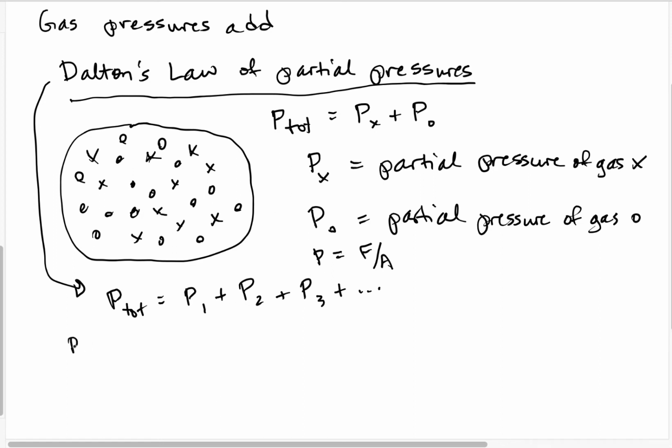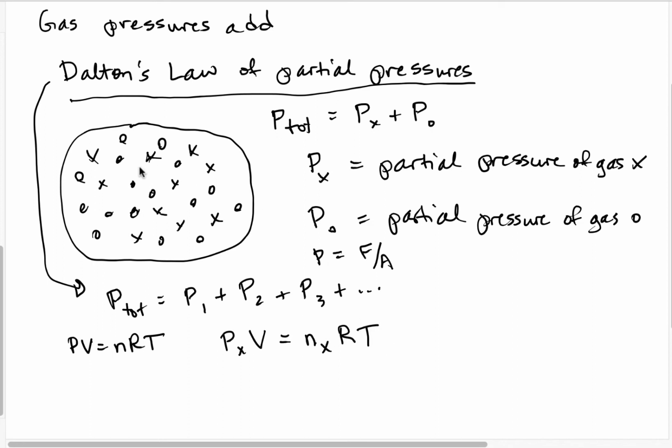So if we're talking about the ideal gas law, the other way to think about this is that the moles of each of our gas particles are going to add up together, right? If I have the partial pressure of gas X, that means that my gas X is in a container with volume V, and it has N sub X moles, and the gas constant is constant.